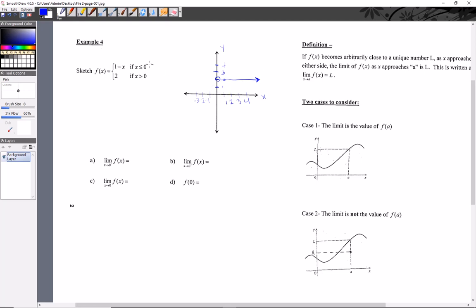And then we have this, which is linear, and that would be the same as negative x plus 1. So we'll start here, and this is less than or equal to, so we can close that off. And by the way, this will still pass the vertical line test because this is open and this is closed.